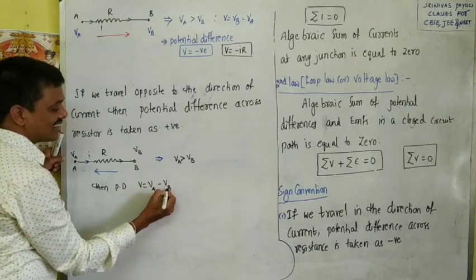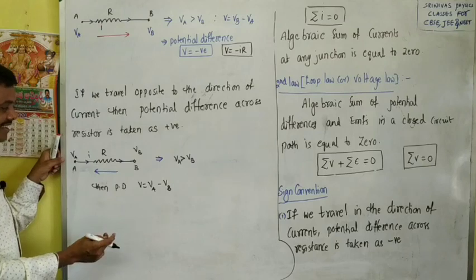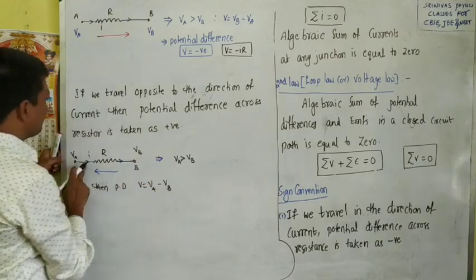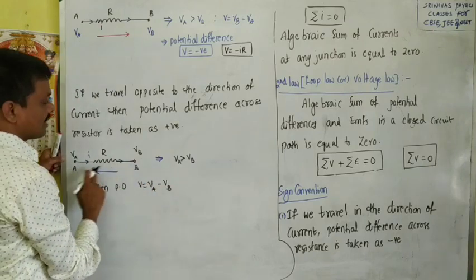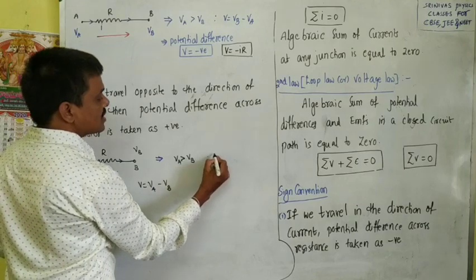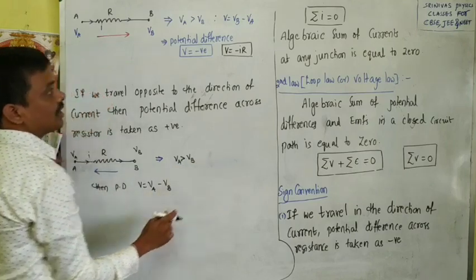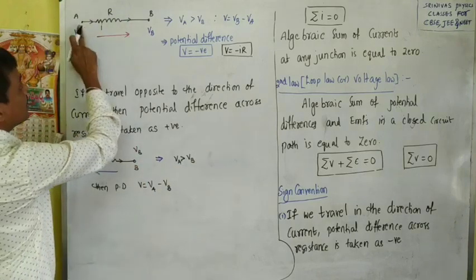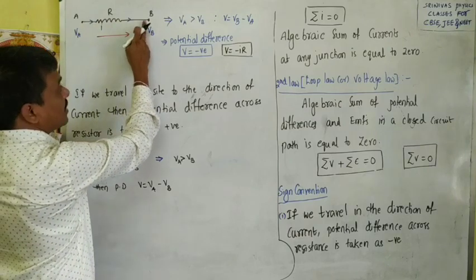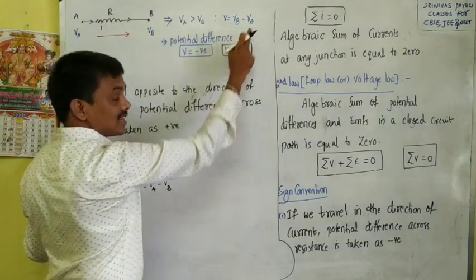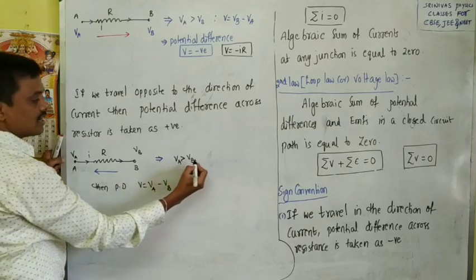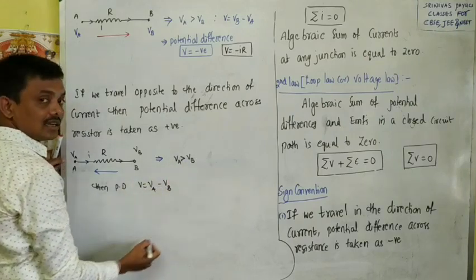Why do we write like this? Here we are traveling from B to A, B is initial and A is final. Before, we were traveling from A to B, A is initial, B is final. Potential difference is final minus initial. Here also potential difference is final minus initial we have to take.